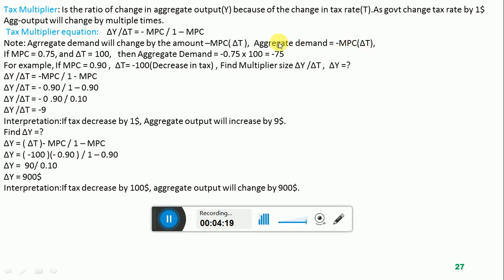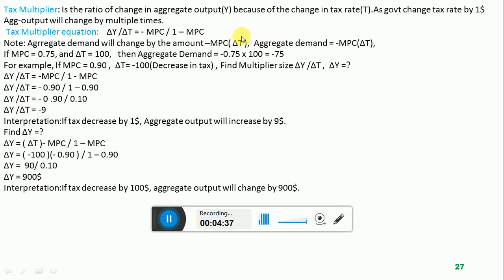This means that when the government of Afghanistan changes the tax, suppose it decreases the tax, then when the tax rate decreases, the income of the people will increase and the demand of the people will increase. So how much will demand increase?